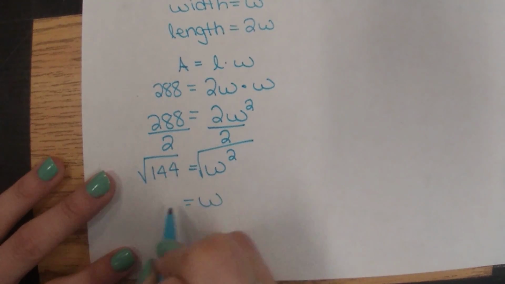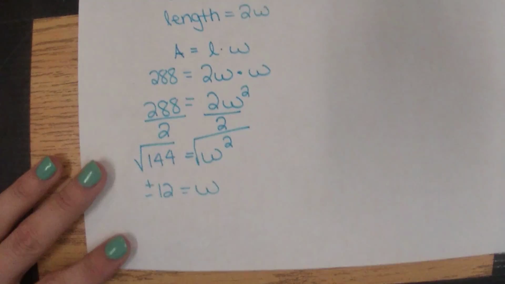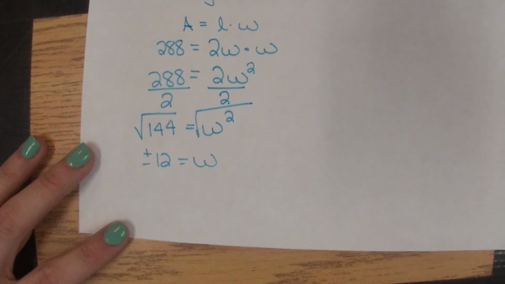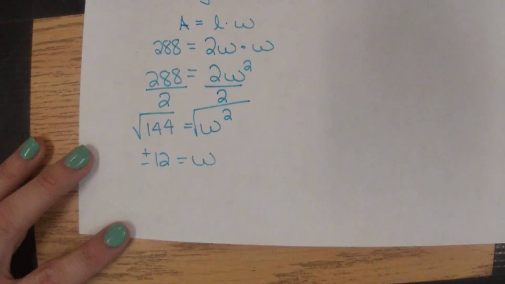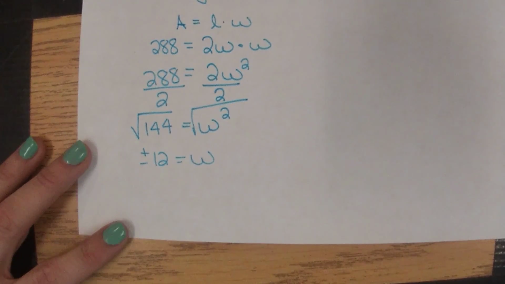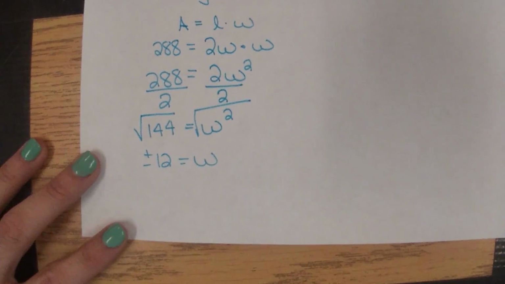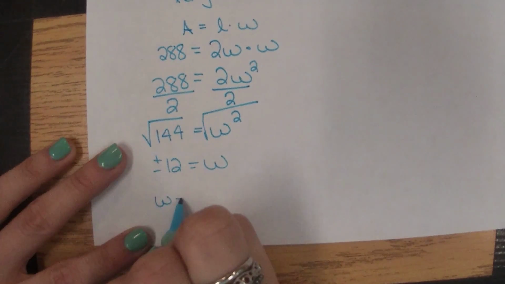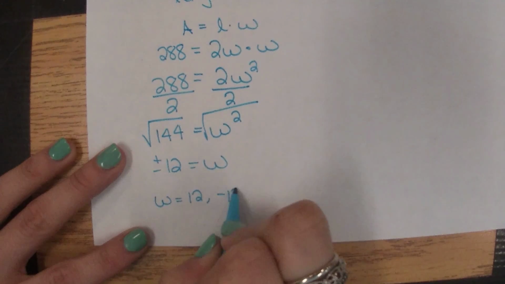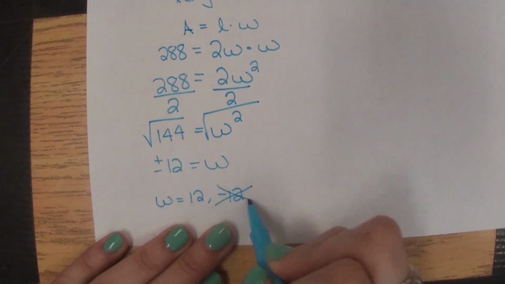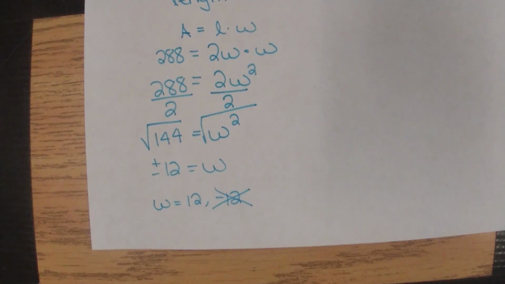Okay, so remember, right, we have to consider both options here, that this is plus or minus 12. Okay, which means our width could be 12 or our width could be negative 12, but the negative 12 isn't a reasonable answer.